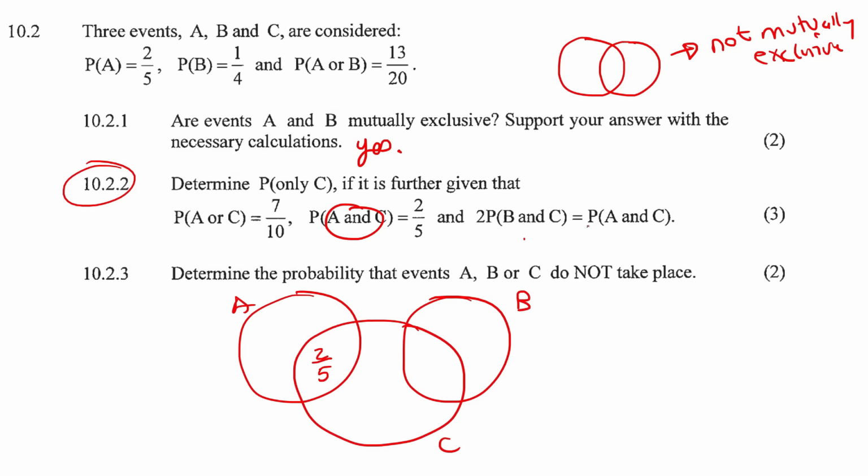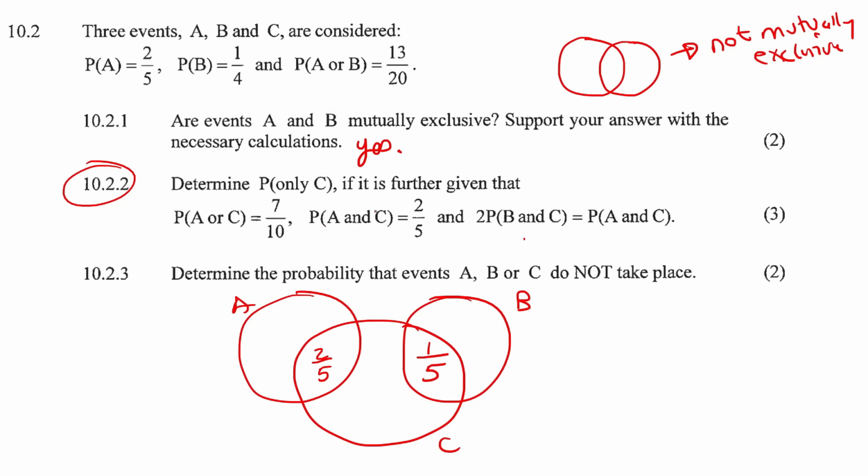Now they tell us that the probability of A and C is equal to 2 times the probability of B and C. So mathematically that means that the probability of A and C is equal to double the probability of B and C. So then B and C is over here, would be half of that number, which would then be 1 over 5.